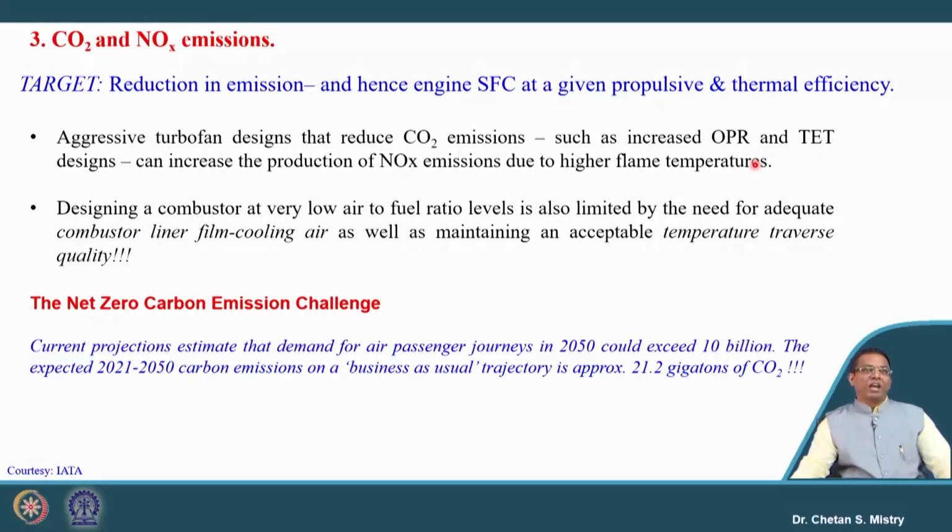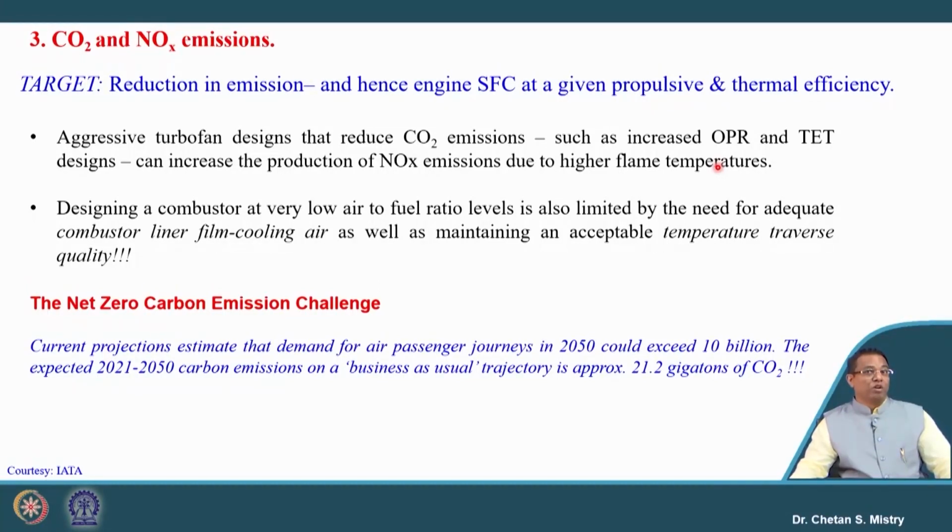Now, let us target the CO2 and NOx emission. NOx emission, as we have discussed, is related with the specific fuel consumption, and in order to reduce that, we need to go with an increase of overall pressure ratio and turbine entry temperature. That will increase the NOx emission, because we are moving towards a high flame temperature.